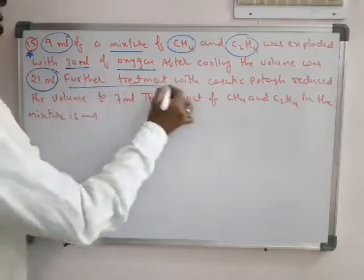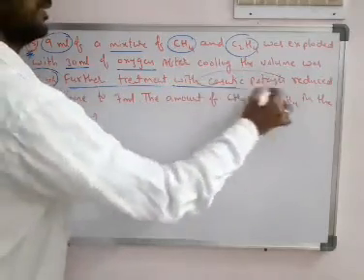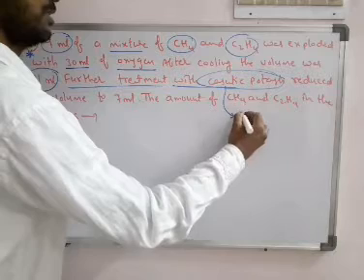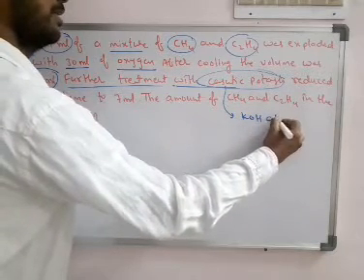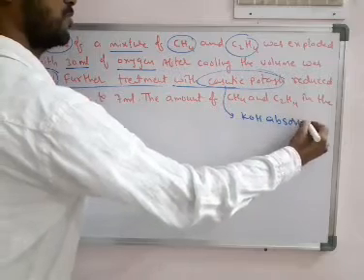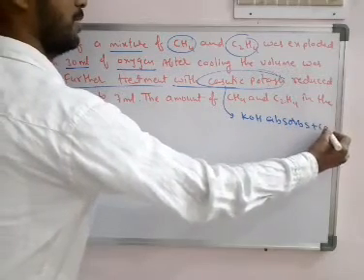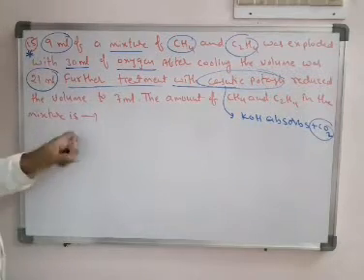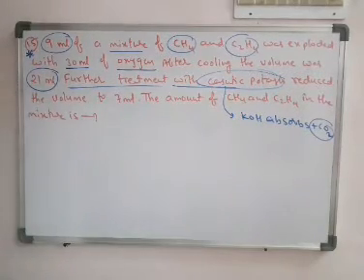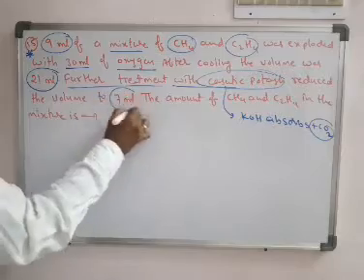Further treatment with caustic potash. Already we know from the last worksheet that caustic potash is potassium hydroxide, which absorbs carbon dioxide. So again the volume is reduced to 7 milliliter.